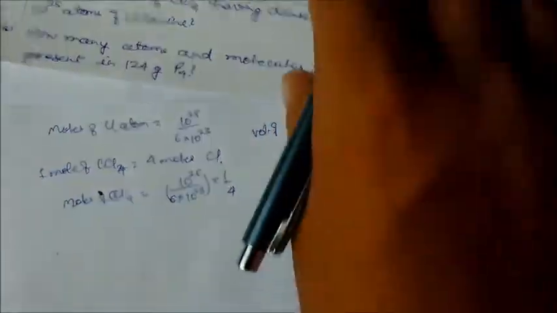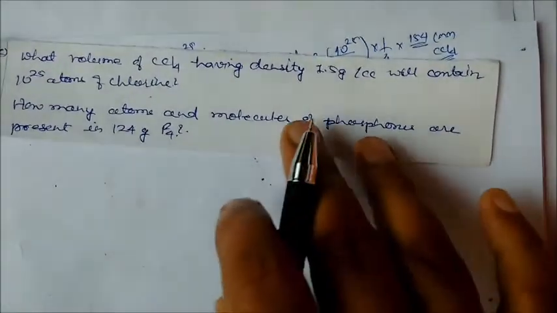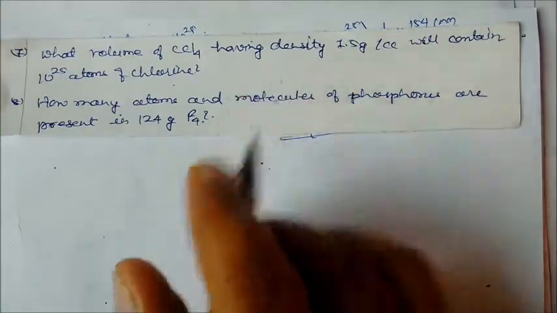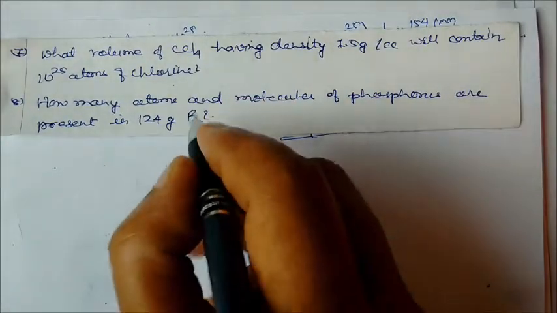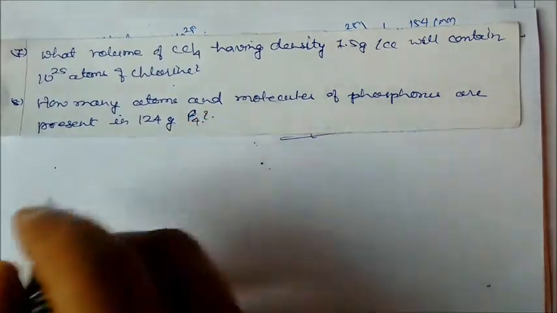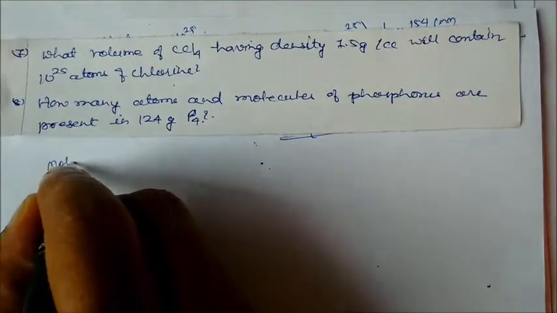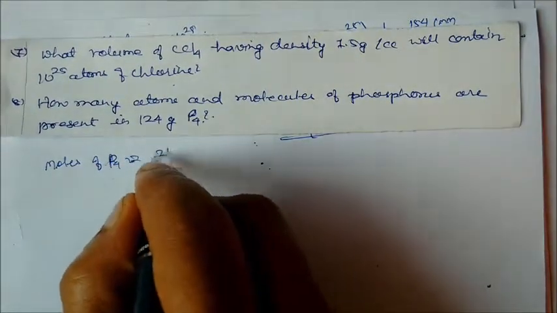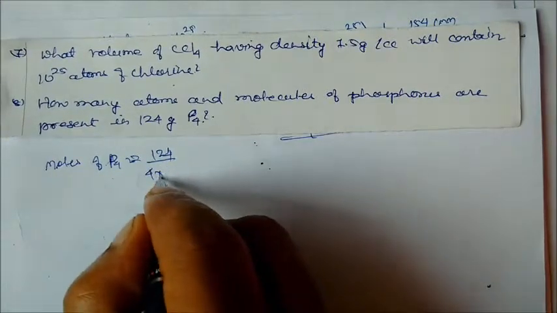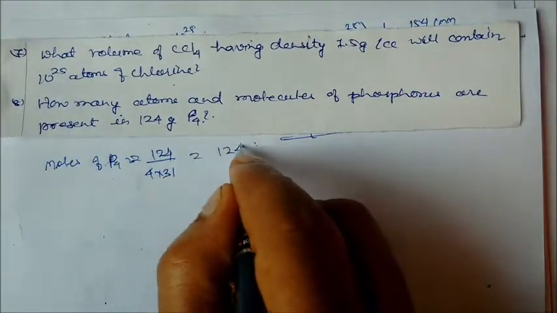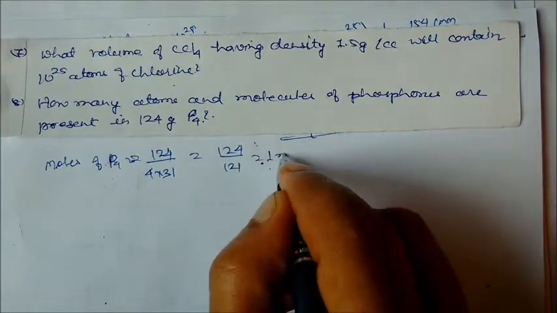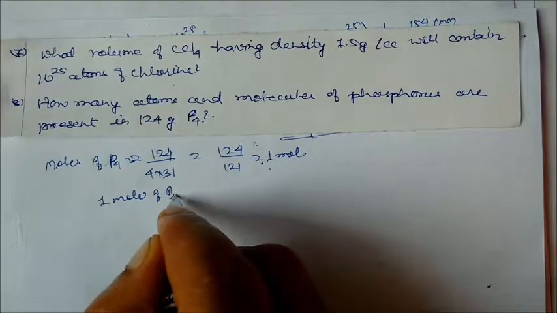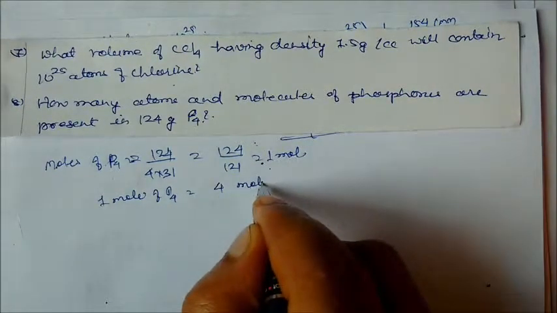Now the second question is: how many atoms and molecules of phosphorus are present in 124 gram of phosphorus? Okay, so this is given here, P4 phosphorus. So how do we write here? Moles of P4 will be 124 divided by 4 into 31 gram. So this will give you 124 by 124, that is 1 mole. Now 1 mole of P4 contains 4 moles of what?